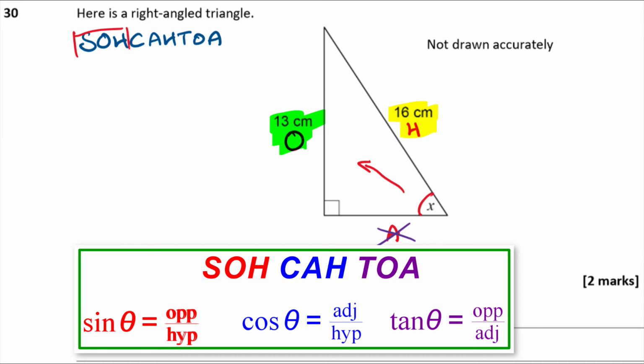It's the SOH. Sine is equal to opposite over hypotenuse. Okay, so we're going to write the trigonometric ratio down for sine, which is sine of an angle is equal to its opposite divided by its hypotenuse. Okay, that's the formula that we're going to be using.